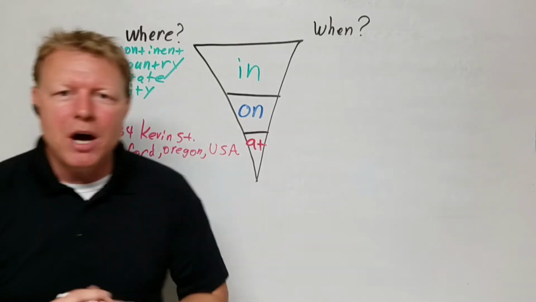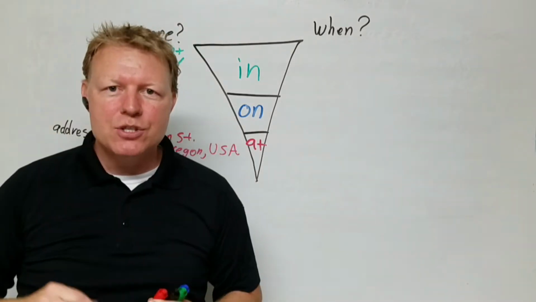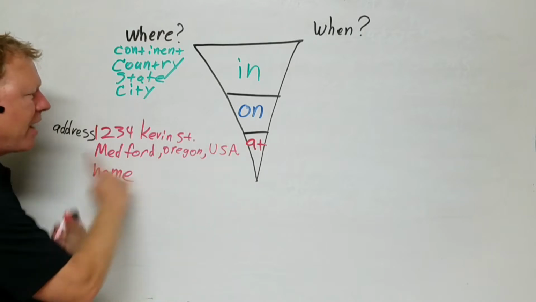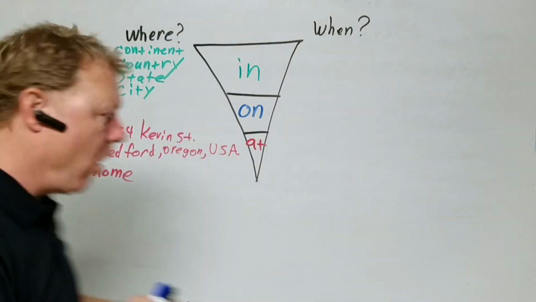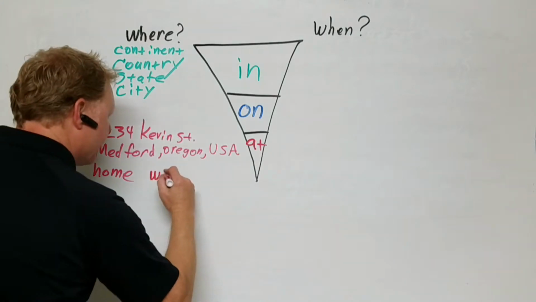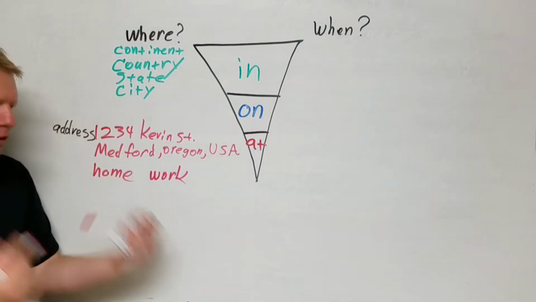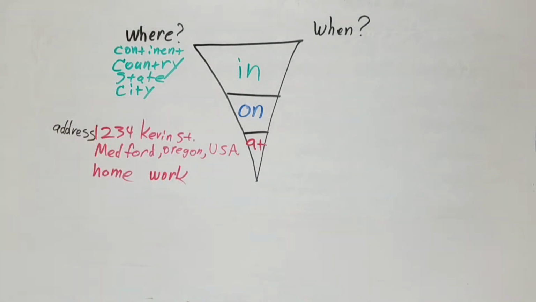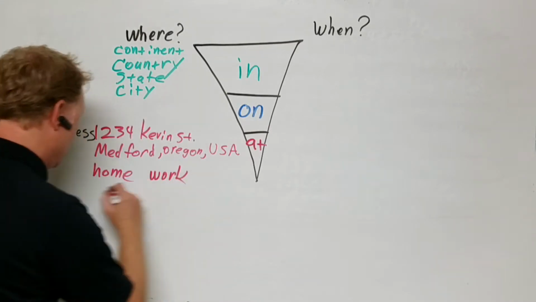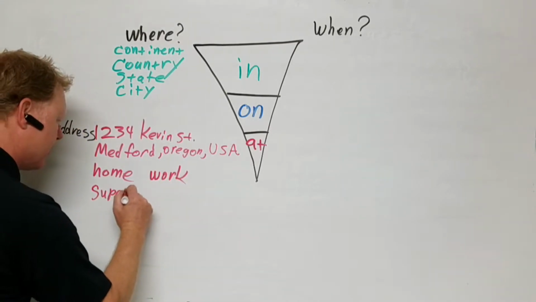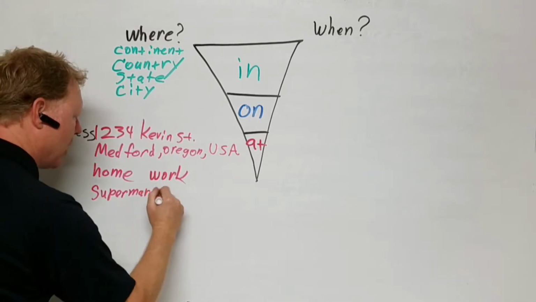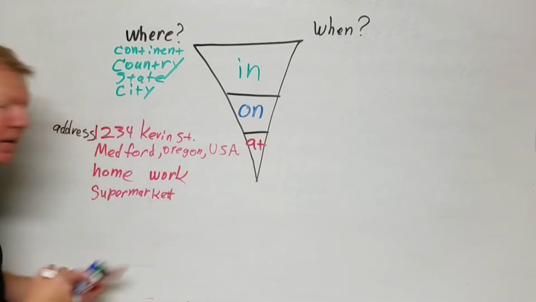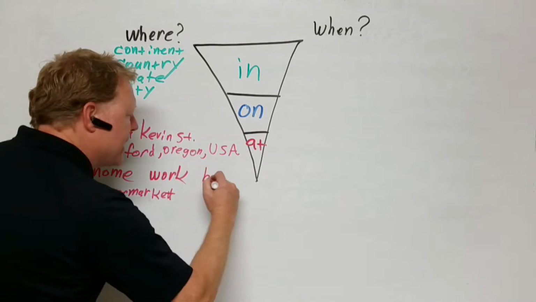Good. What are some other specific places you can think of that you don't have to have an address? Where else am I at? Well, if I'm not at home, maybe I'm at work. Maybe I'm at the supermarket. Maybe I'm shopping. Maybe I'm at the beach.